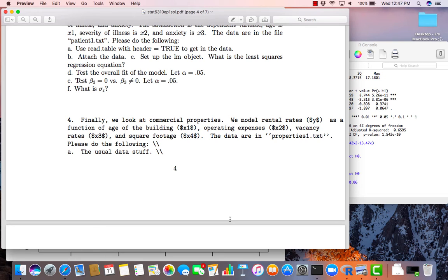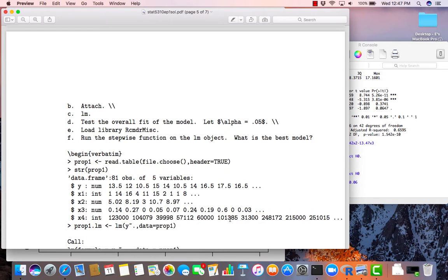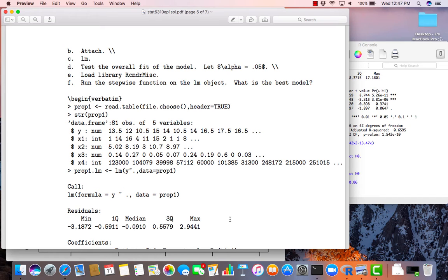The data are in properties.txt. Please do the following: the usual data stuff, attach LM, test the overall fit of the model, let alpha equal 0.05, load library Rcmdr misc, and run the stepwise function on the LM object. What is the best model?